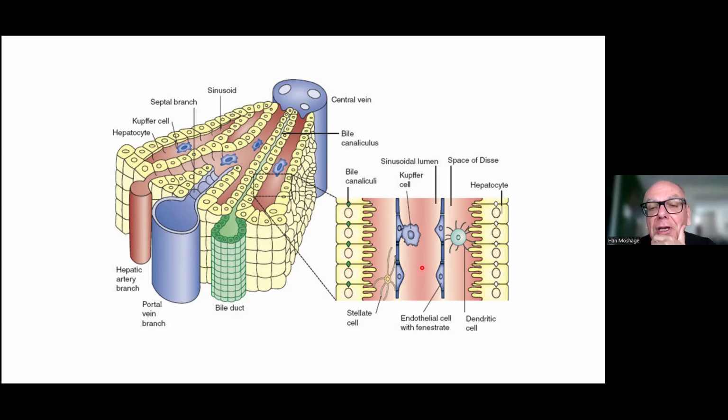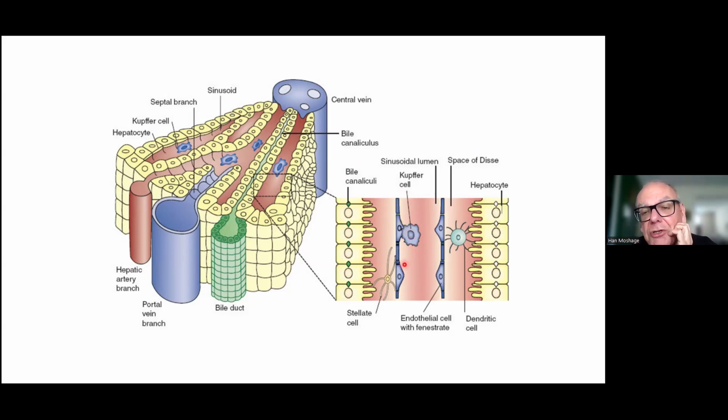So the Kupffer cell is able to, let's say, unharm viruses, bacteria, fungi, and other pathogenic microorganisms. So the Kupffer cells are macrophages specific for the liver.